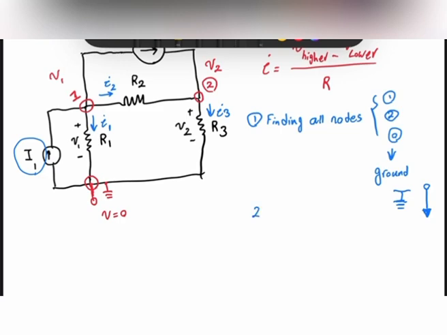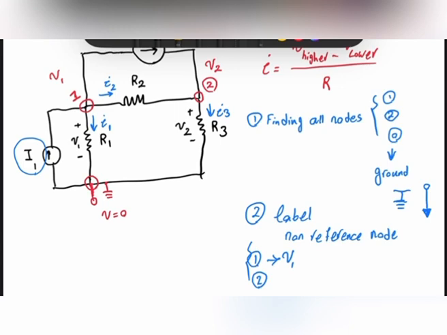Then the next step is to label the non-reference nodes. Here, node 1, I label as V1, and node 2, I label as V2.